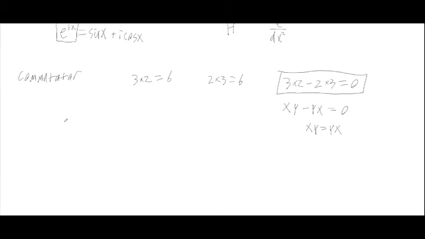And so the commutator you will often see written in these square brackets. So we take our A operator here and then a comma, then another operator, the B operator, and that is equal to the A operator multiplied by the B operator minus the B operator in the reverse order, times the A operator.